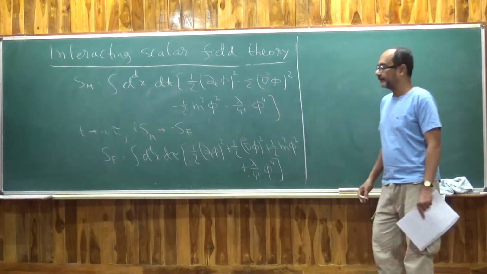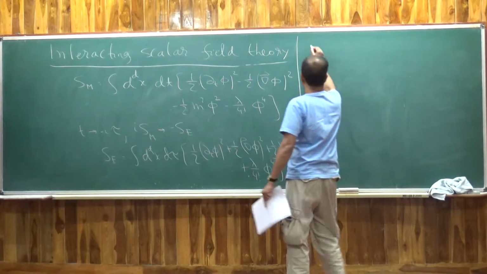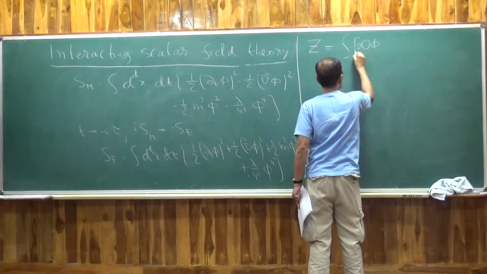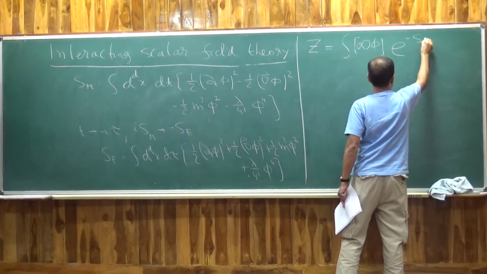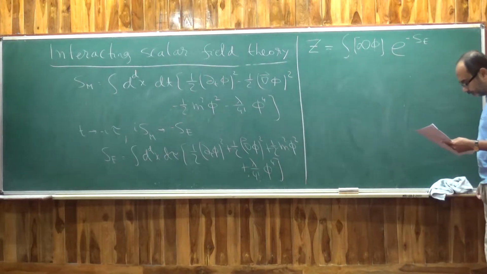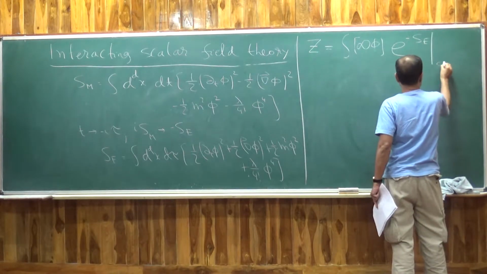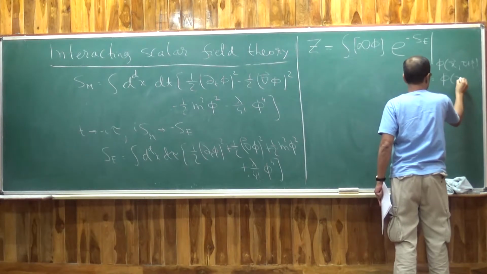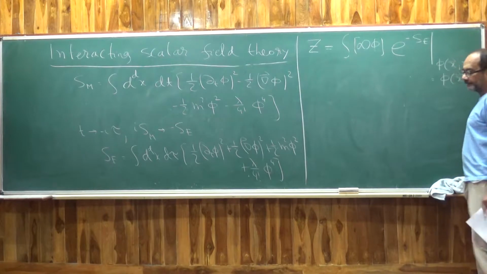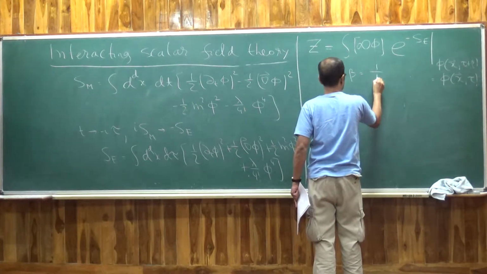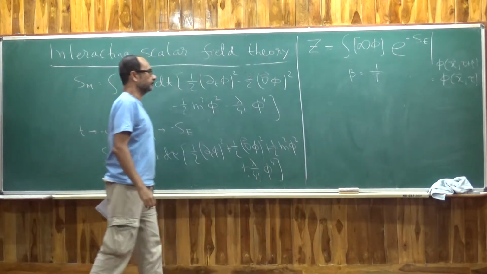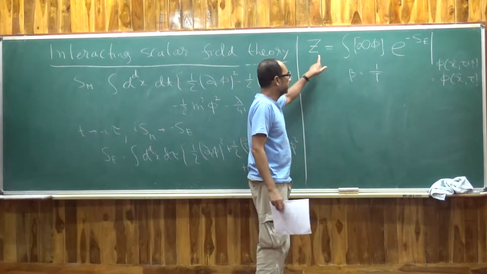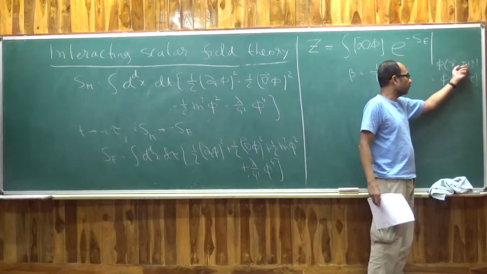And then we can calculate the partition function Z as the result of a path integral over d phi e to the power minus S_E, and you have to use the boundary condition that phi at (x, tau plus beta) is phi of (x, tau), which is the periodic boundary condition, where beta as usual is 1 over T. So all that differs between zero temperature and finite temperature field theory is that the integral has to be performed over periodic functions.